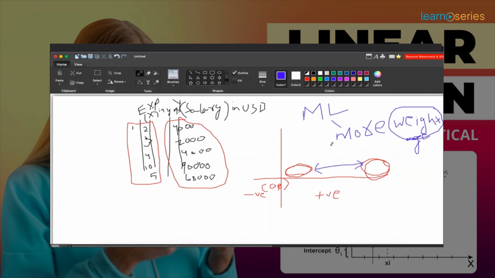So the model will put more weightage wherever the number is high. So it will eventually ignore the number of experience and will try to predict everything from the amount, or the salary itself. It will try to ignore the small numbers, but for our case, we know both the columns are very much important.